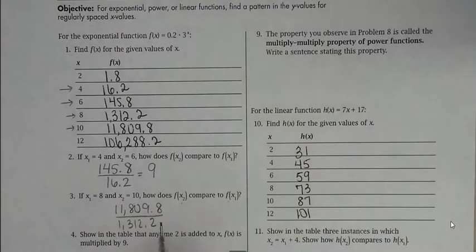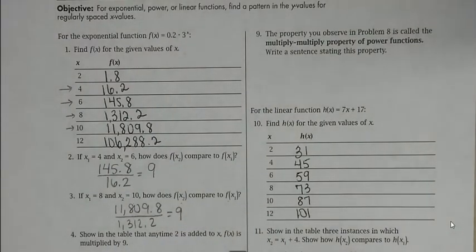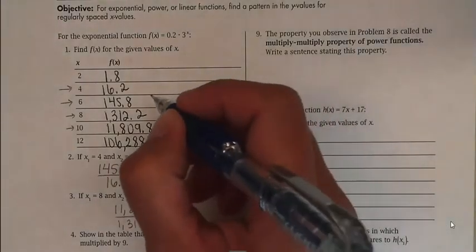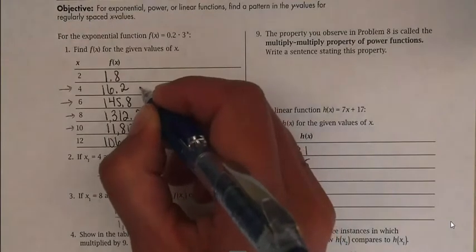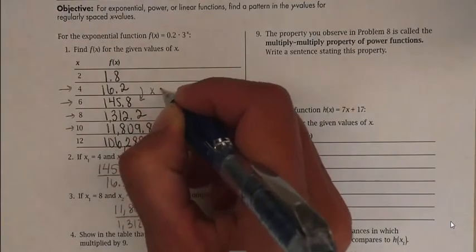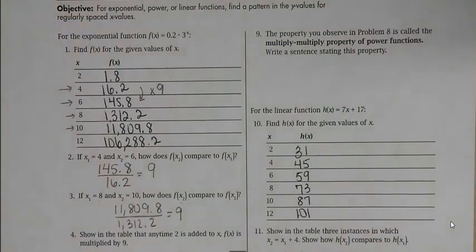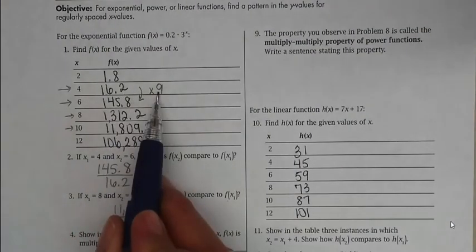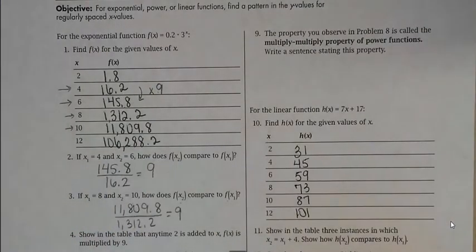And again, when I divide those in my calculator, I get 9. So what I'm noticing is that when I'm going from one to the next, I'm really multiplying by 9, right? 16.2 times 9 is going to give me 145.8, since 145.8 divided by 16.2 is giving me 9.